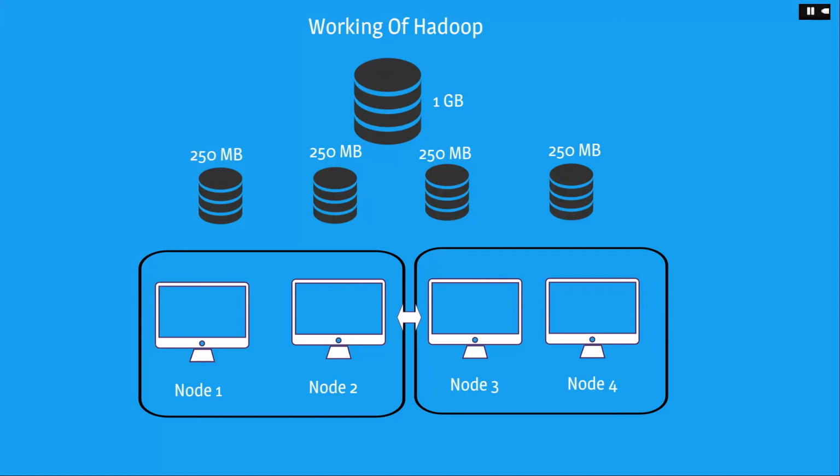In order to reduce the bandwidth, it stores 2 copies of the same data onto nodes which are present on the same rack, and the 3rd copy is stored on a different rack. The Hadoop distributed file system takes care of the networking required by the nodes in order to communicate. The major advantage of this framework is it reduces the processing time as the data can be processed simultaneously. This is the brief description of how Hadoop works.